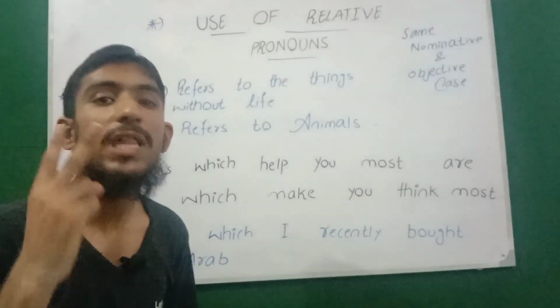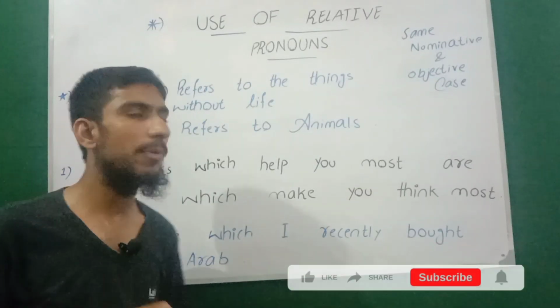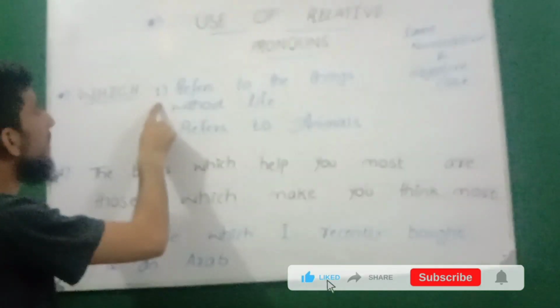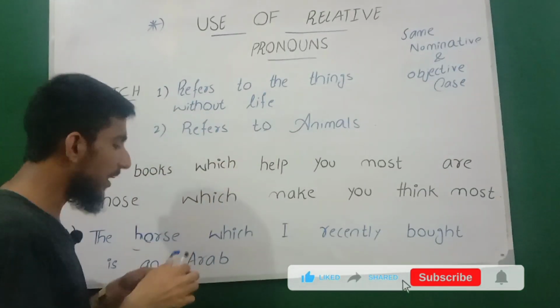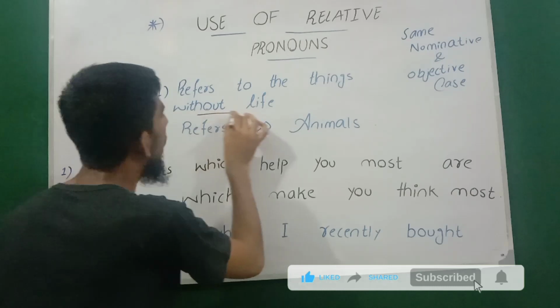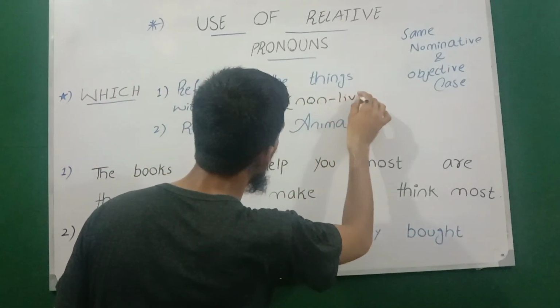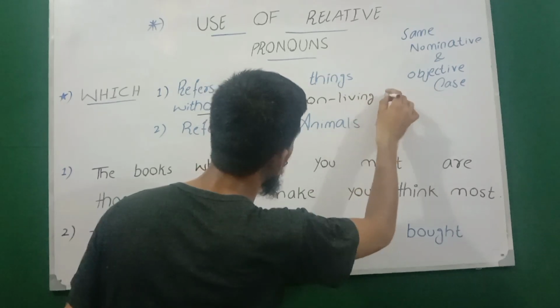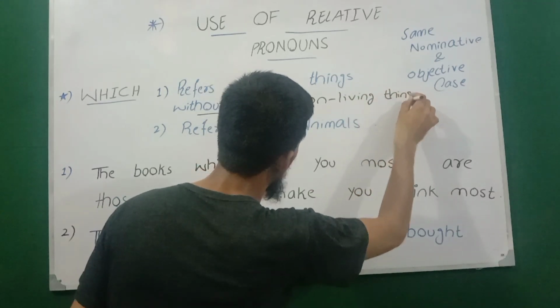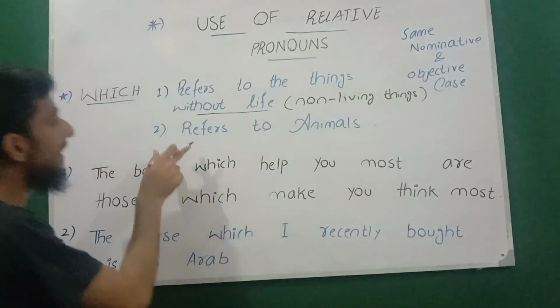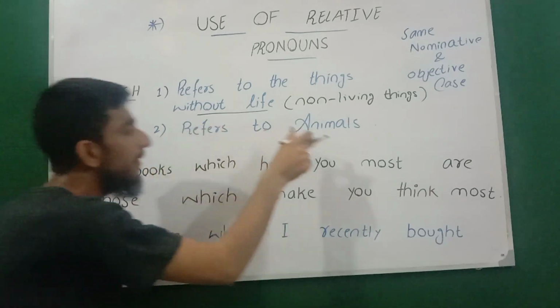There are basically two usages of the relative pronoun which in English grammar. The first usage is that which refers to things without life, and we all know things without life basically mean non-living things. The second usage of which is that it refers to animals.